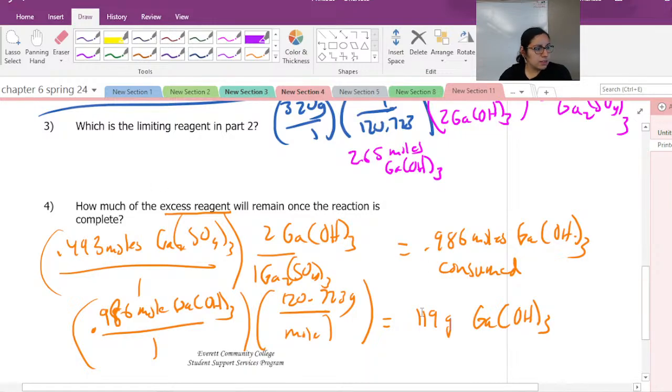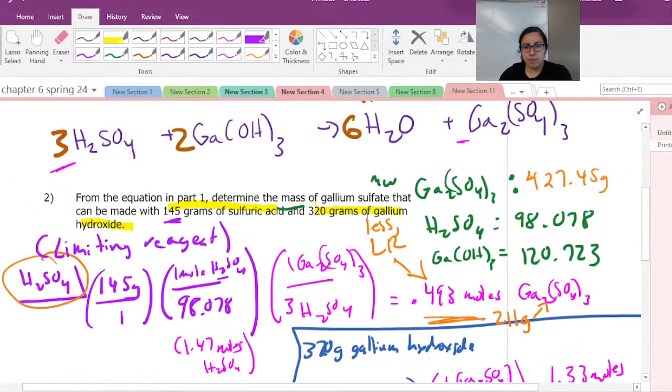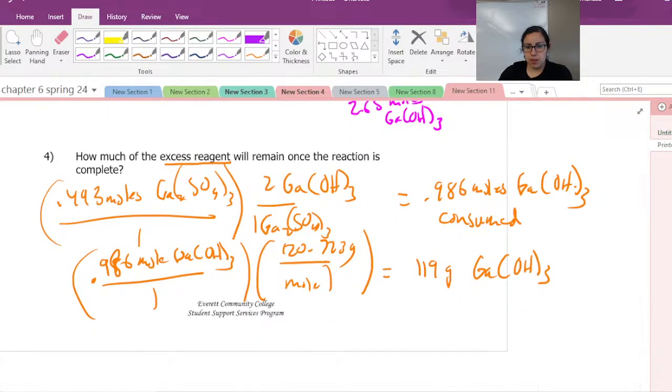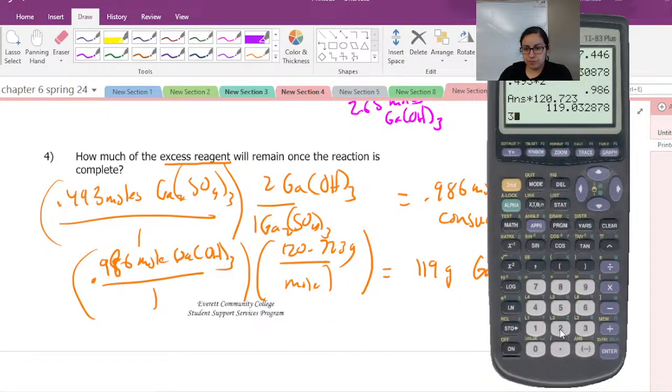And so then the last little bit, right, we could just now take the 320 that we started with minus the 119 to give us how much was left over. So now about 201 grams or so were left over.